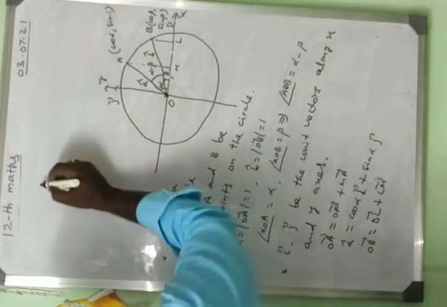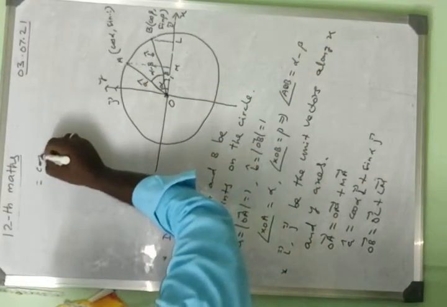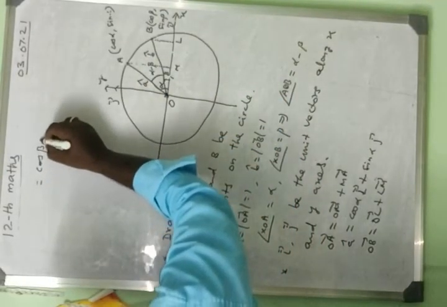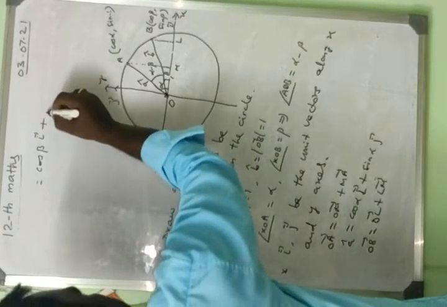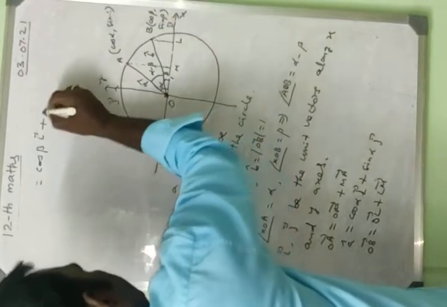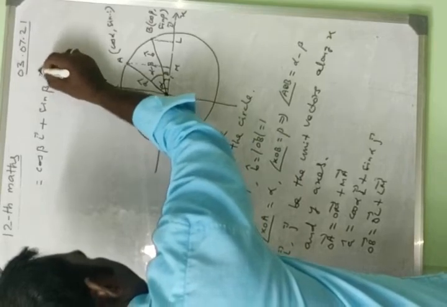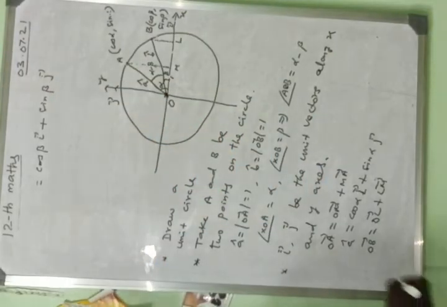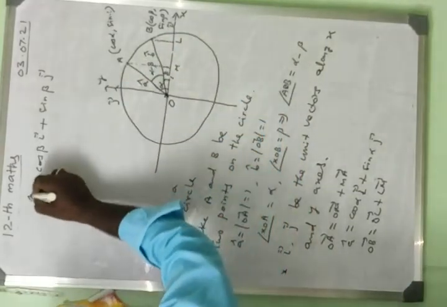What is the OL value? OL is cos alpha, sorry, cos beta. Cos beta, what is the vector? The x-axis vector, you put vector I. Plus, what is the LB value? Sin beta. So sin beta, what is the vector? J vector. Okay, where is the vector OB value? OB we take as cap B. So cap B.